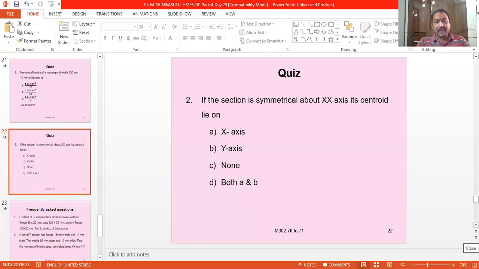For example, the C section is symmetrical about the x-axis, so the centroid will be lying on the x-axis. And if we take the I section or T section, the T is symmetrical about the y-axis, so the centroid will be lying on the y-axis. So in the present case, the centroid is lying on the x-axis. The option E is the correct answer.